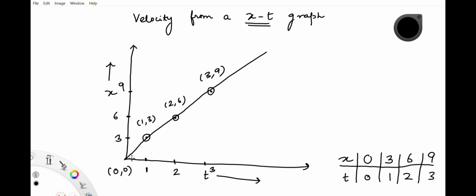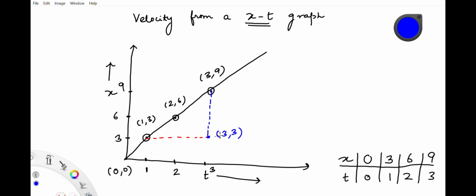Let's consider the points 3, 9 and 1, 3, and I basically draw a dotted line from 1 to 3, and I draw another dotted line from this coordinate 3, 9, and you can see that at the points 3, 3, these dotted lines basically tend to meet each other, right?